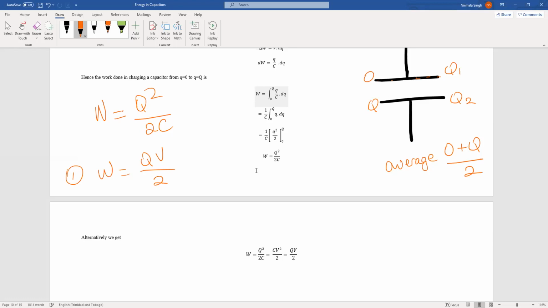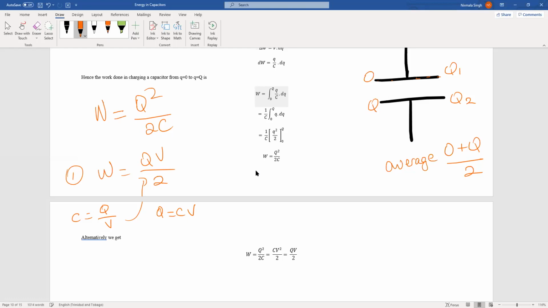The rest of it, it's a maths problem, but you just learn it. Work is equal to QV over 2. And then you're just going to use your equation of C is equal to Q over V and substitute it into here. We can even play with this again. We can get Q is equal to CV.